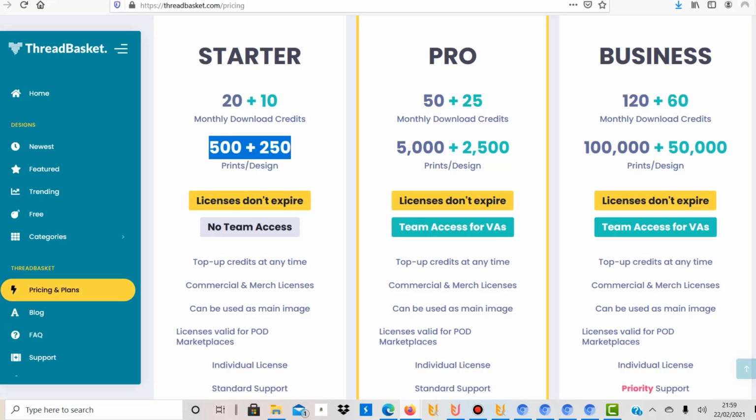On the other hand, that's not so much of an issue, because if you make that many sales with one design, why would you not get another license? You always need to see it that way as well. If that design makes you a lot of money, then of course you can get another license. That's not a problem.